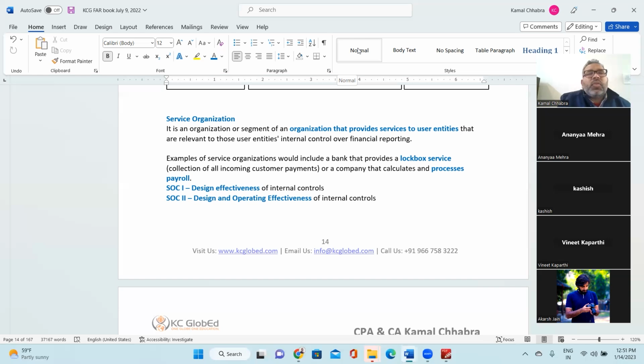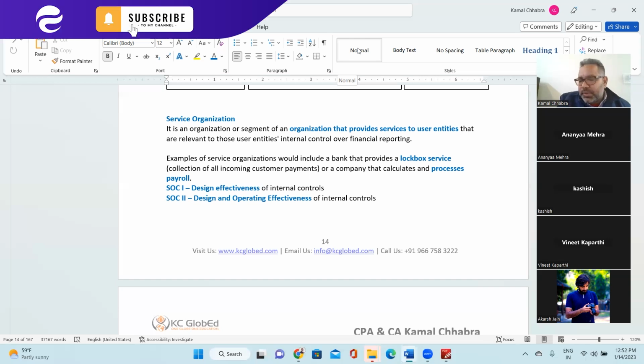So, for example, let's say you're a company like Amazon. You are working in the US and you have outsourced the payroll management service to a company called, let's say, ADP. ADP is one of the largest groups that do payroll management services for the big US companies, including EY.